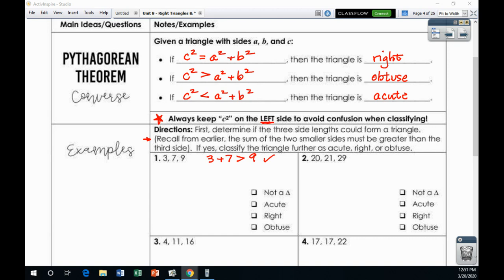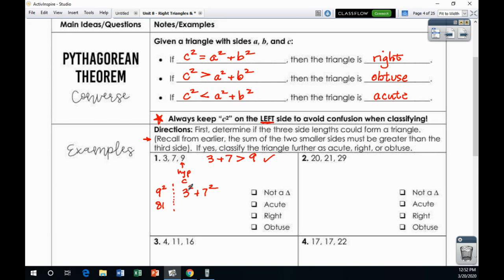All right, so here we are, number one. We've determined that if you have 3, 7, and 9 as the sides, it does make a triangle. So now we want to check and see what kind of triangle it is. 9 is obviously the hypotenuse. That value right there is C. So we want to write it like this: 9 squared, and then 3 squared plus 7 squared. I do not start out with an equal sign or any kind of sign in between, so I'm just keeping these separated.